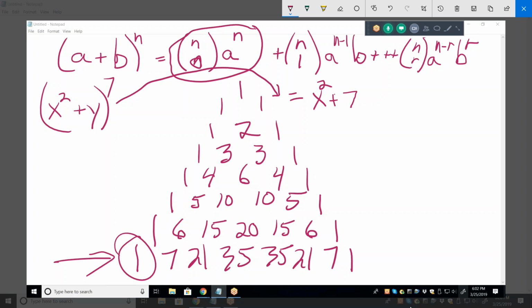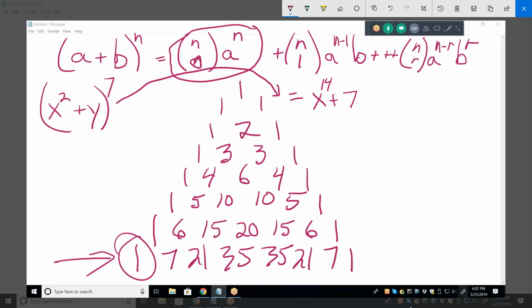Hold on one minute. Let's talk about our exponents. You can't worry about just the coefficient. You got to worry about our exponents. The exponent's got to be 7 times 2. So that first exponent's got to be 14. Right, it's x squared to the 7th power.